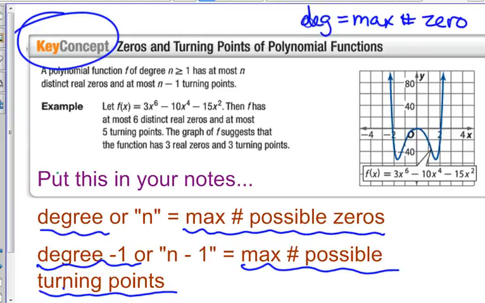Write it as short as that. And degree minus 1 equals the maximum number of turning points. Okay, maximum number doesn't always have that many. Everybody all right?